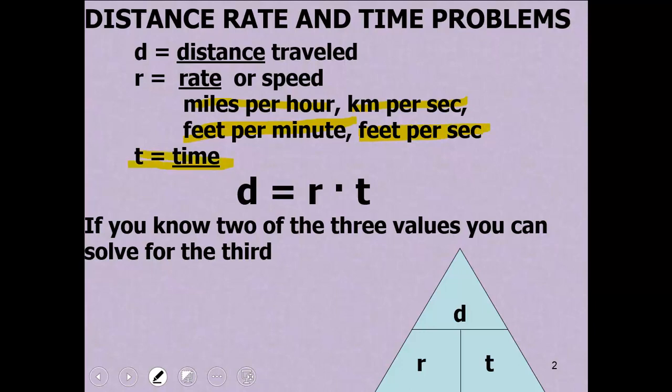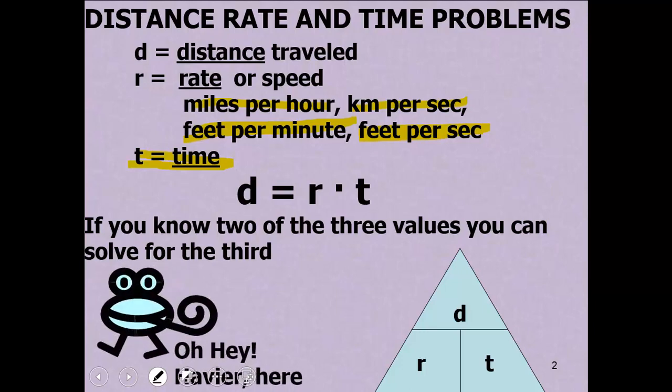The cool thing about distance, rate, and time is that if you know two of the three values, you can always solve for the third. Javier drew this triangle, and D is on top here. So distance is equal to rate times time.